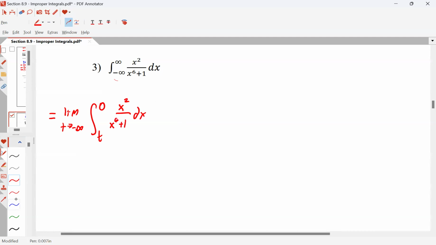So there's one piece of our integral, and then we need the upper bound to be a limit. And so we're going to take a different variable, z, to infinity of 0, picking up where our lower bound, or our upper bound technically, left off. And we have the same integral again.